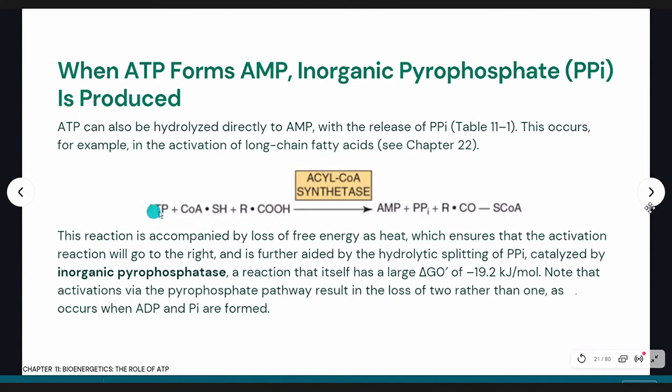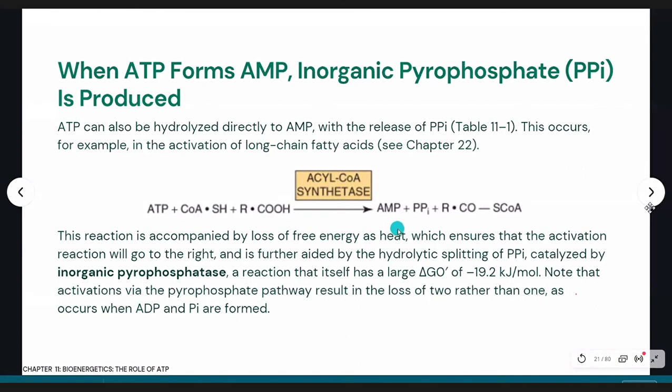Activating this fatty acid, because fatty acids are usually inert, means adding a coenzyme A, but this requires energy coming from ATP. So we have here acyl-CoA synthetase.